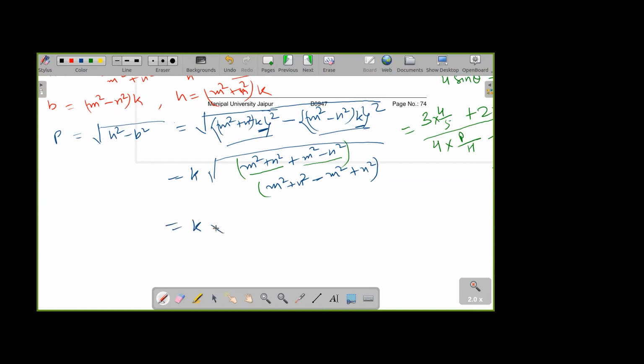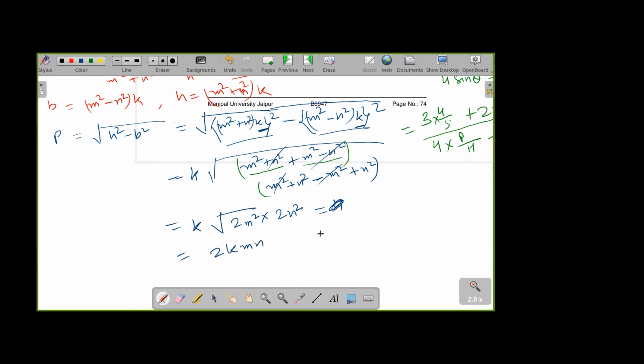So now, what will be remaining here? n square cancels out, m square cancels out, m square gives 2m square, and n square gives 2n square. So it will be 2k mn.